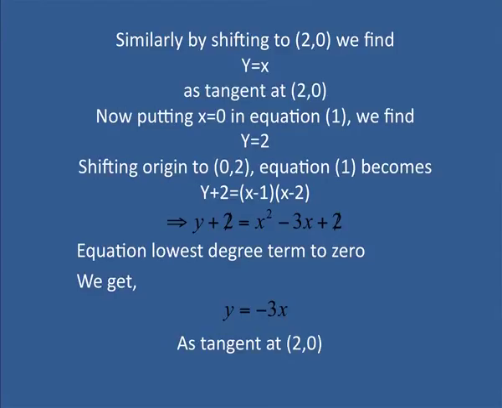If we shift the origin to (0, 2), the equation becomes y plus 2 is equal to (x minus 1)(x minus 2), that is y plus 2 is equal to x square minus 3x plus 2. Equating the lowest degree term to 0, we find y is equal to minus 3x as the tangent at the new origin (0, 2).